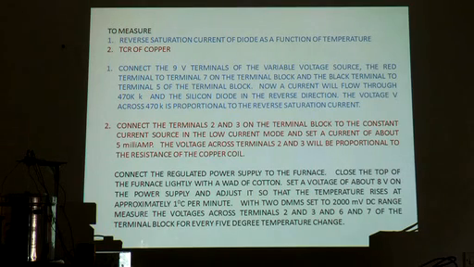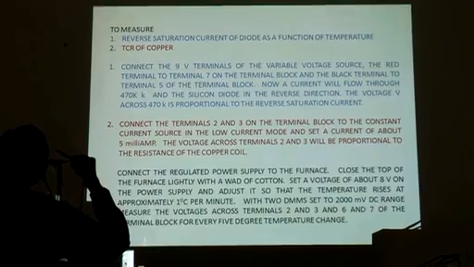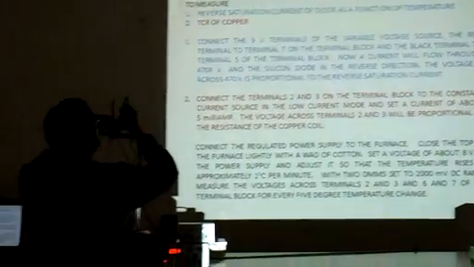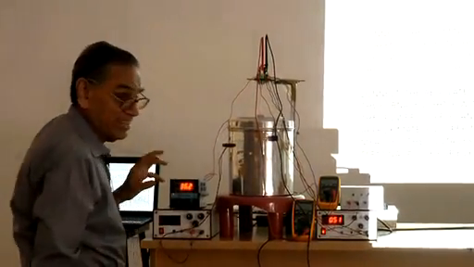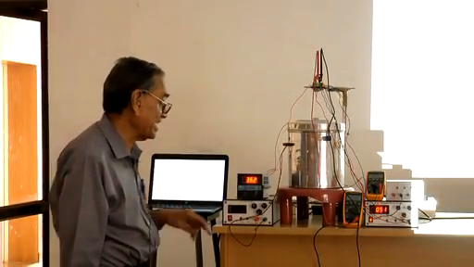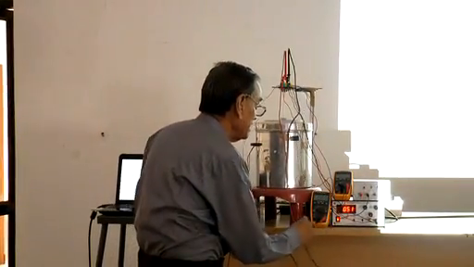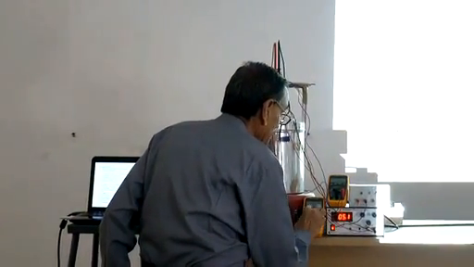So I connect this DMM to the terminals 7 and 6. Between 7 and 6 you have 470K. I connected between the terminals 7 and 6 and measure the voltage.